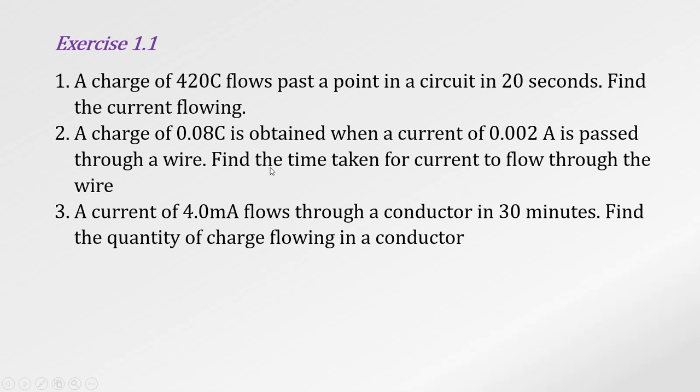So please, you work out these numbers. A charge of 420 coulombs flows past a point in a circuit in 20 seconds. Find the current flowing. So you can work out number 1, number 2 and number 3.